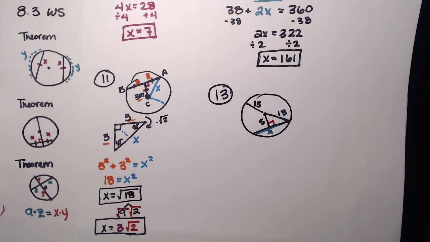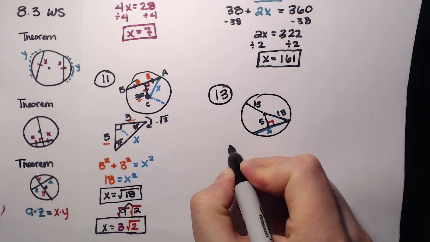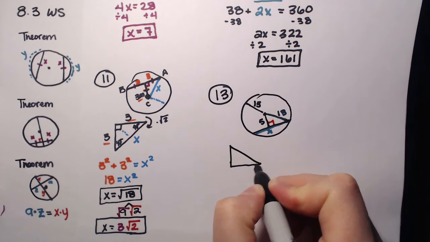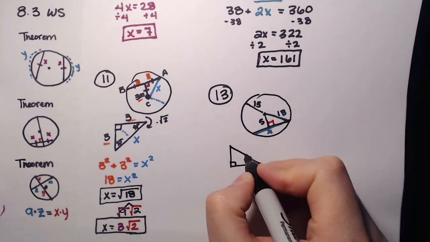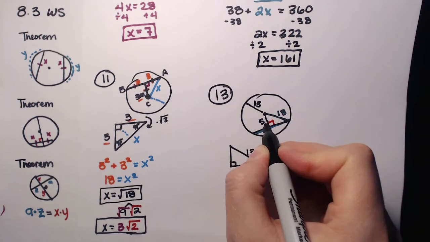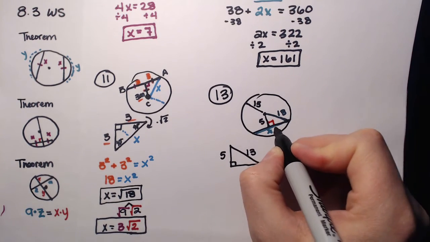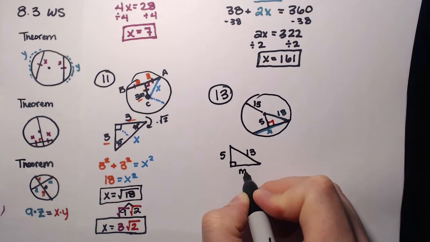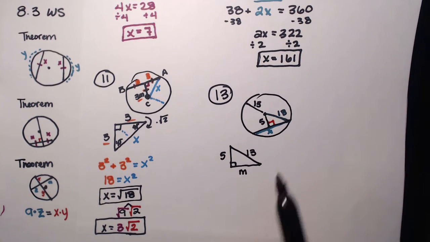So now I have a right triangle where the hypotenuse is 13, and this side is 5, and this side is not x, so I'm going to use an m, because x is the whole thing.